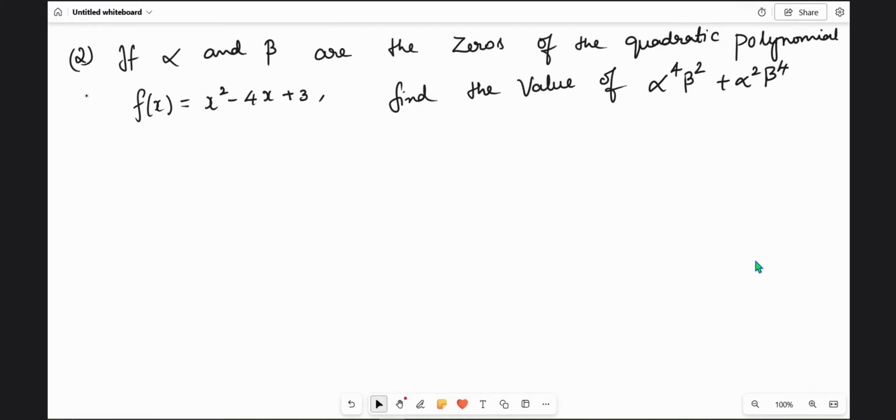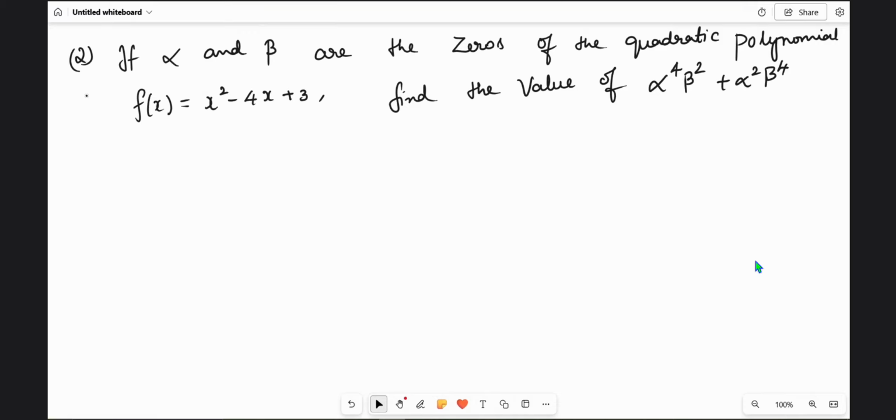So we know alpha into beta, alpha plus beta, and the polynomial, correct? All these we know now. Now think how I can get that value. Okay, there are two ways to do this problem.